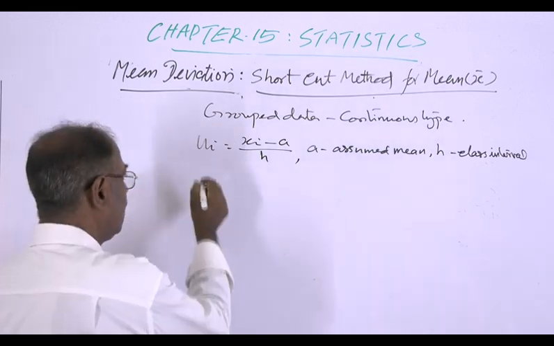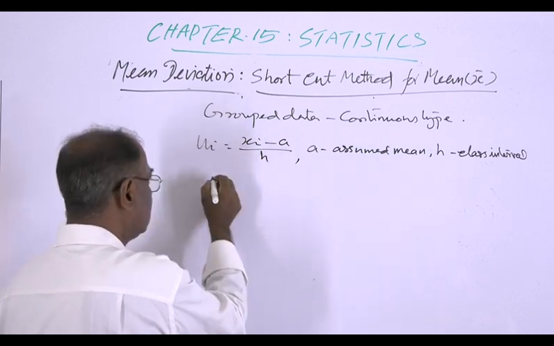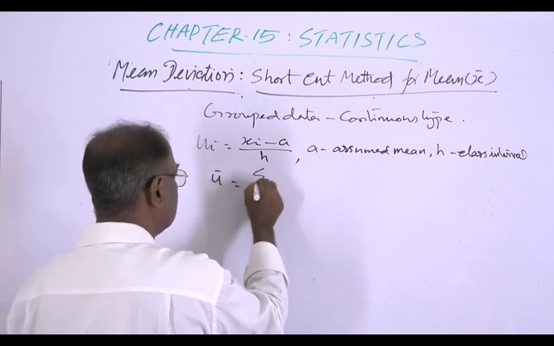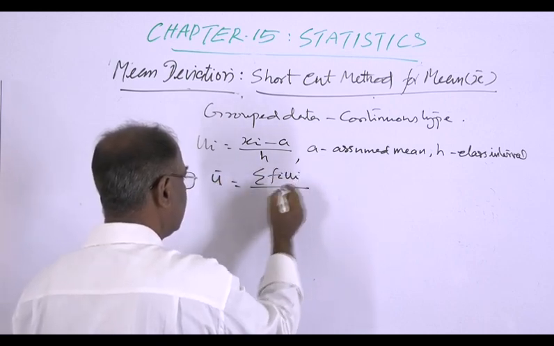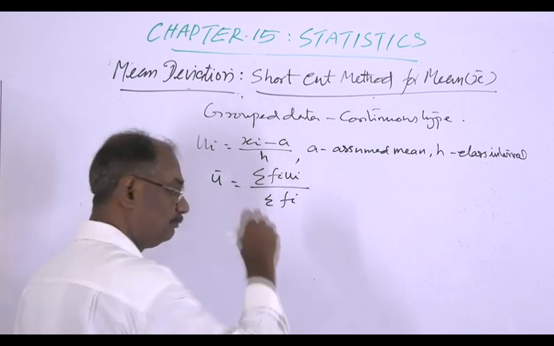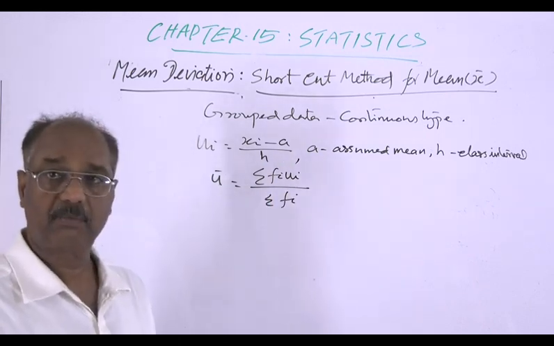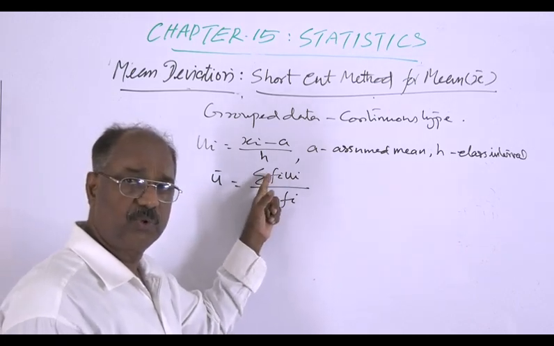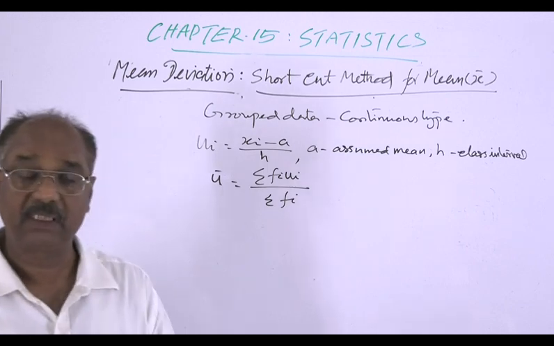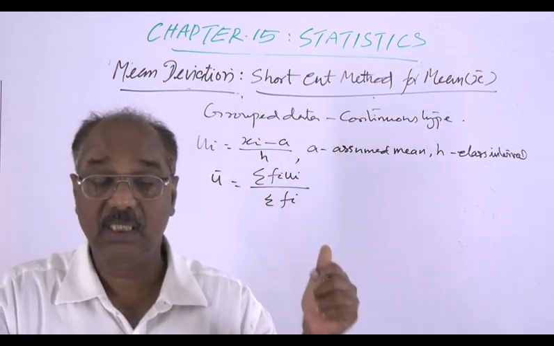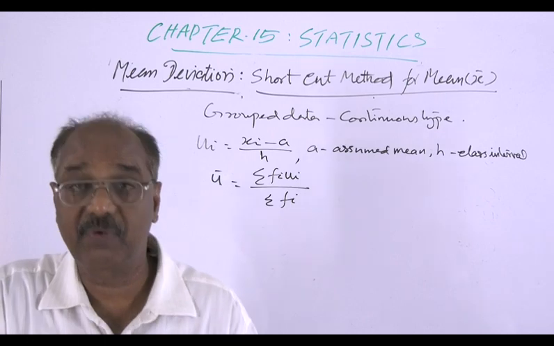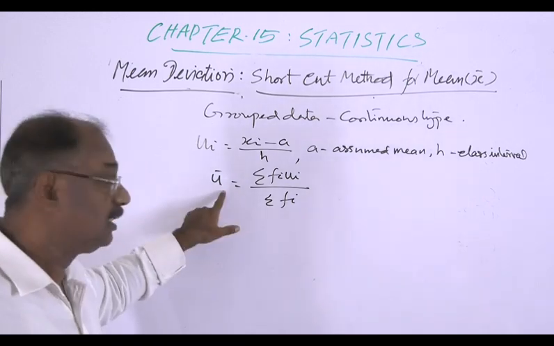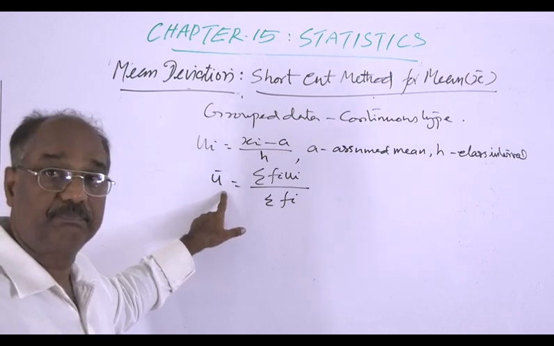These ui values are u1, u2, etc., un, and therefore u bar is equal to sigma fi ui divided by sigma fi. We find f1 u1, f2 u2, f3 u3, etc. Since the ui values are smaller, fi ui can easily be found and added, so we can find u bar in an easy, short way.